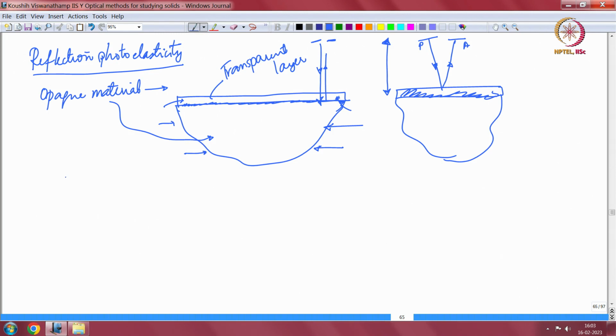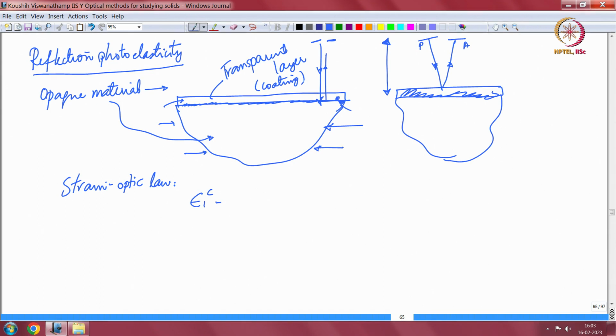The only small difference is that quite a few approximations go into this, and again I am not going to detail this entire method for you, but there is something called the strain optic law which is used in this case. Now you have this layer, let us call this a coating.